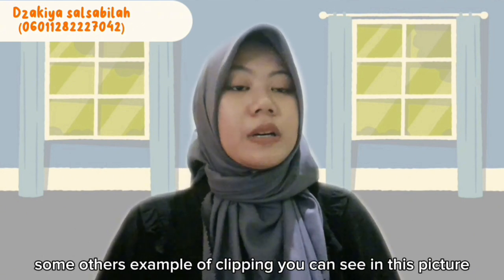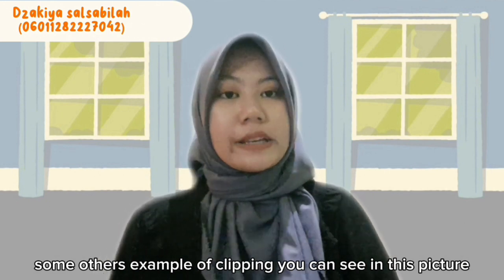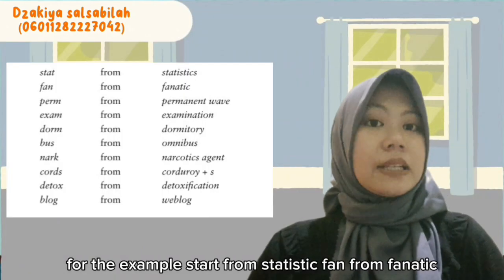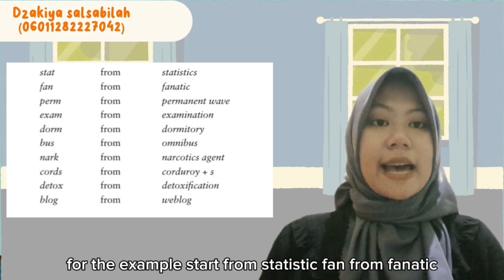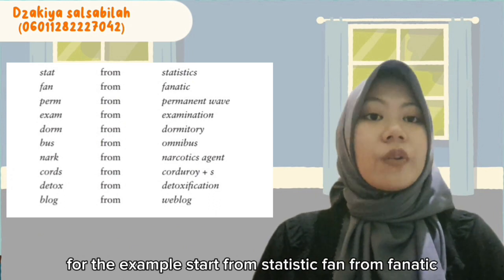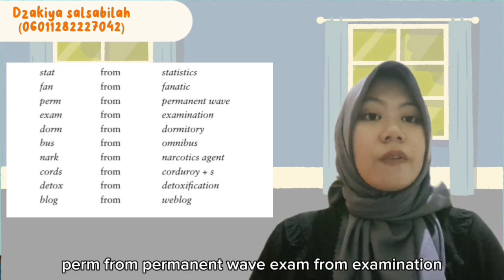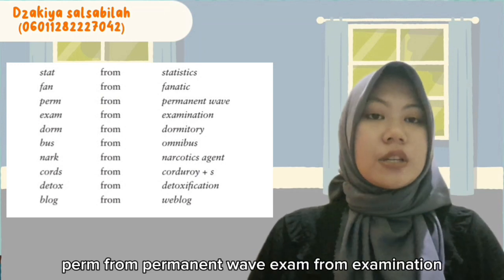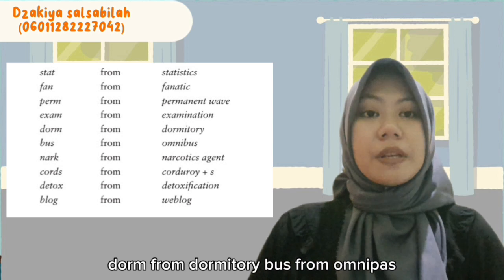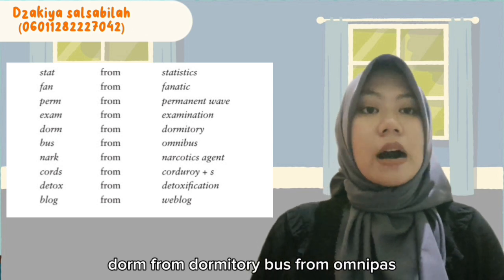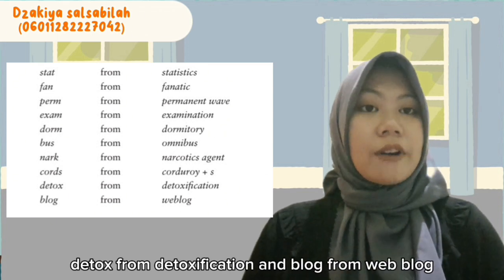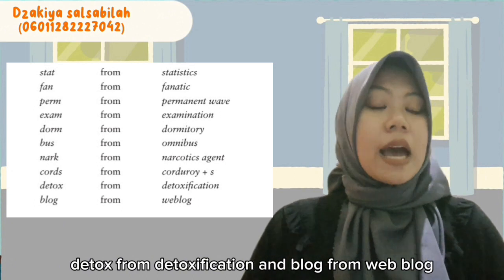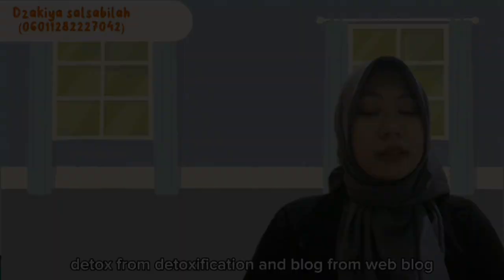Some other examples of clipping you can see in this picture. For example, stat from statistic, fan from fanatic, perm from permanent wave, exam from examination, dorm from dormitory, bus from omnibus, detox from detoxification, and blog from web log.